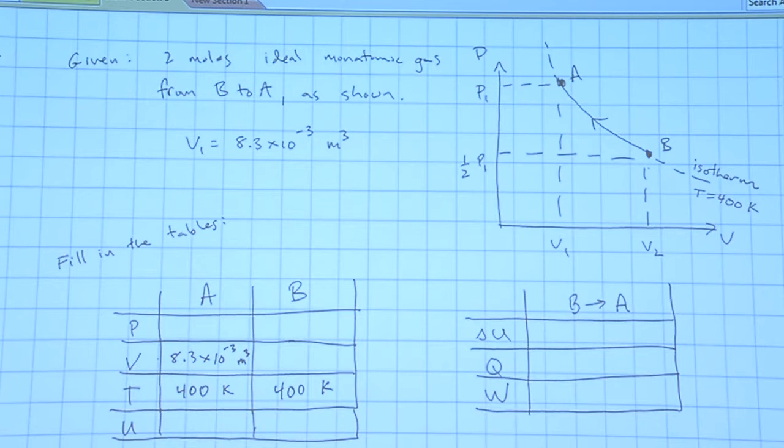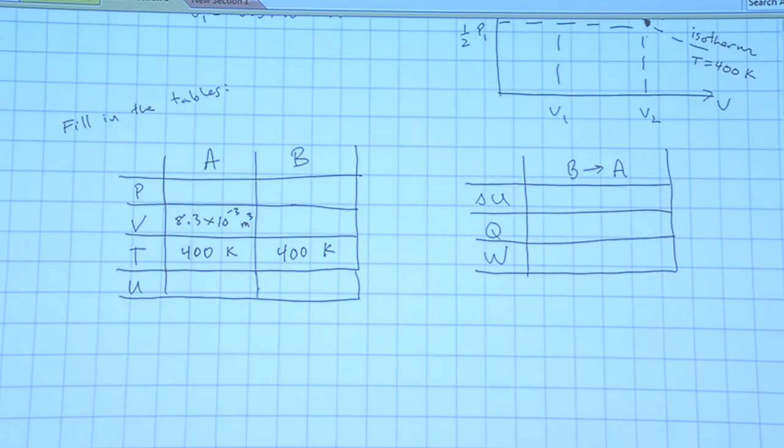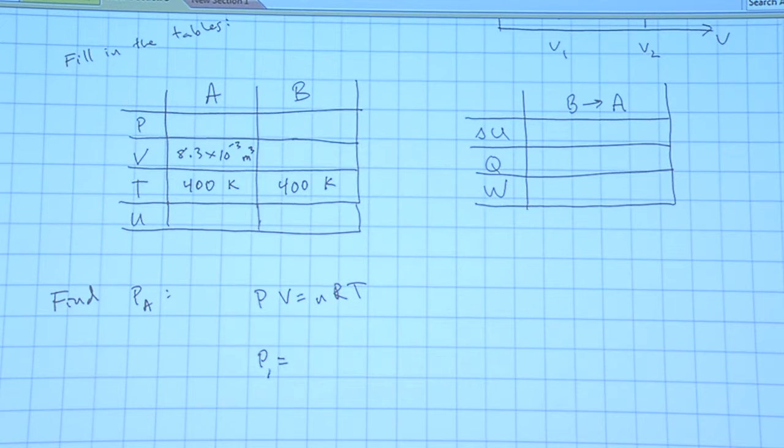So I can solve for the pressure at A using my ideal gas law. Two moles, 8.31 joules per mole Kelvin.